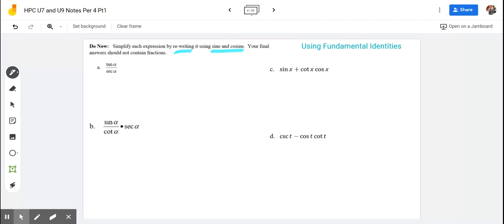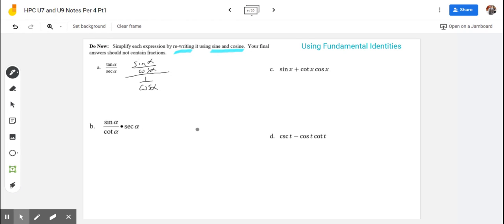So in part A, we have tangent of alpha over secant of alpha, and we can rewrite that as sine of alpha over cosine of alpha, all over, and then secant is the same as 1 over cos of alpha.